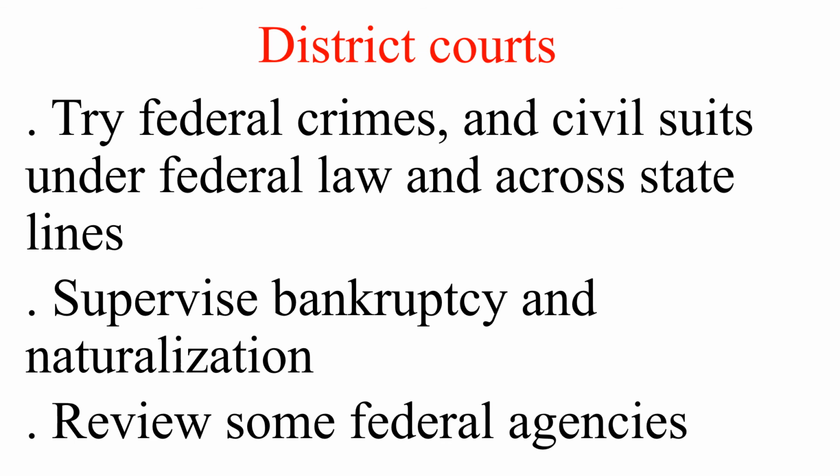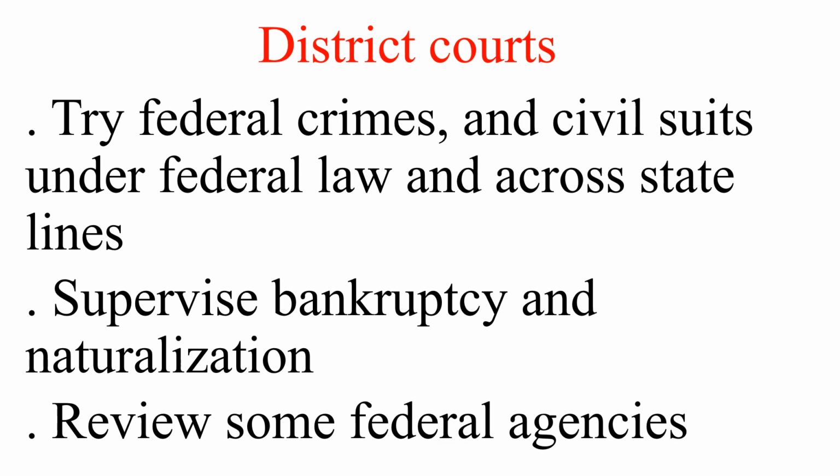Starting from the lowest level courts, the district courts, these courts try federal crimes because they're federal courts, and civil lawsuits under the federal law and across state lines. So if there's a crime that involves more than one state, then federal district courts deal with them. They also supervise bankruptcy and naturalization cases.